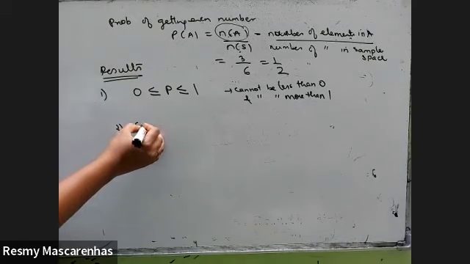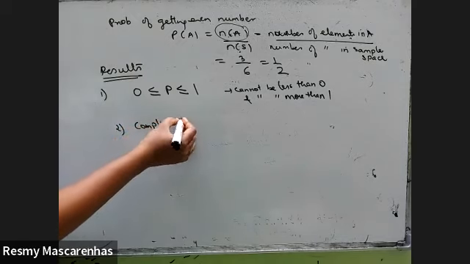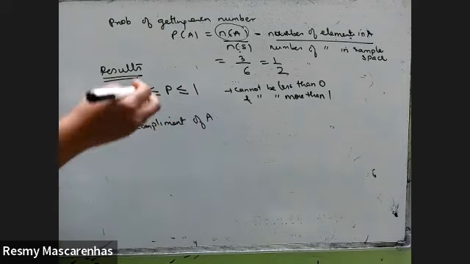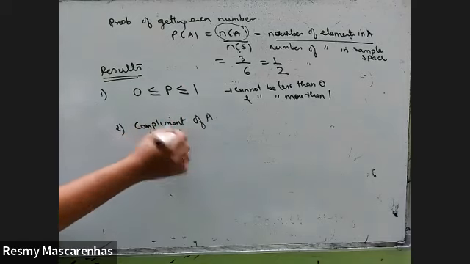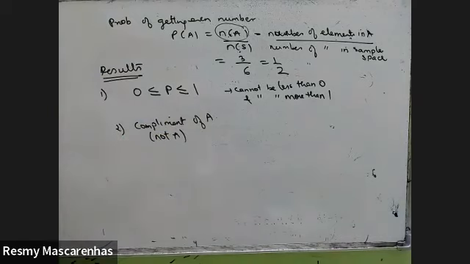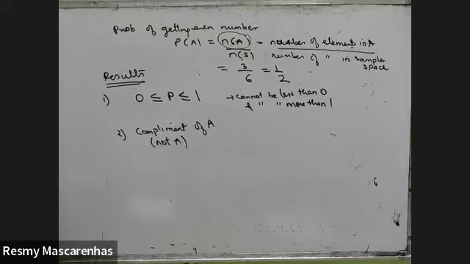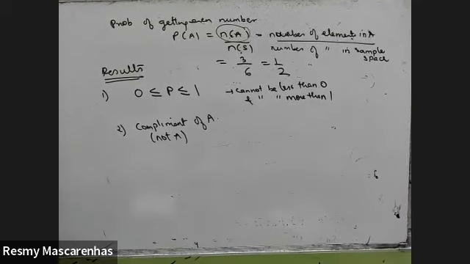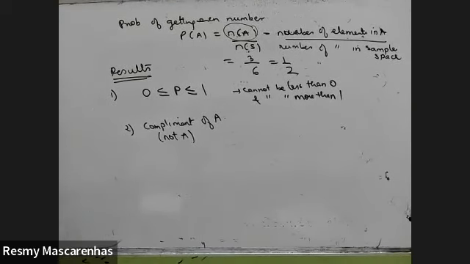The second thing you have to know is the complement of A. Complement of A means not A, other than A, whatever it is. If I'm throwing a coin and A is the event of getting head, the complement of A means not head, so the other one will be tail. So the remaining possibility is the complement.